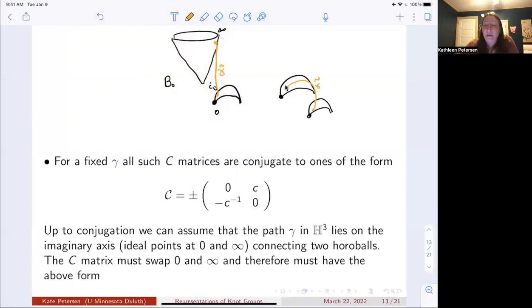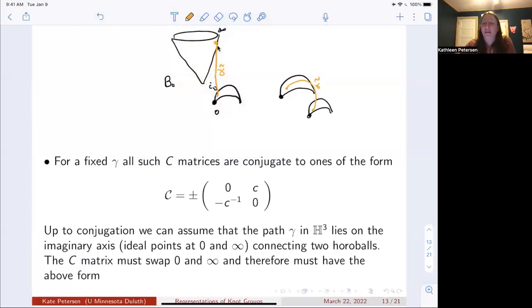So my C matrix, which is the matrix representing the isometry going from here to here, kind of along the geodesic, is going to be conjugate to the C matrix, which I'm going to call script C, which goes along this geodesic from this point to this point. And again, we have a little bit more information than just the fact that it goes along this vertical geodesic, in this case, from this point on the banana to this point on the banana, because I can shrink my neighborhood of the knot and it still does the same thing, but for nested bananas.